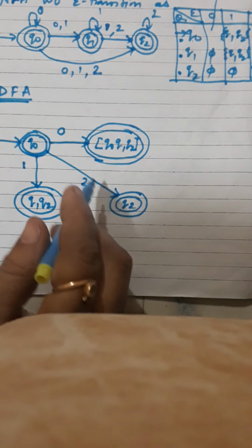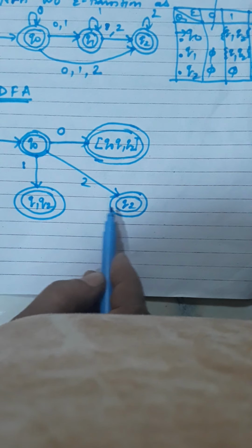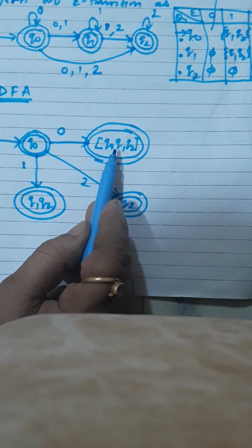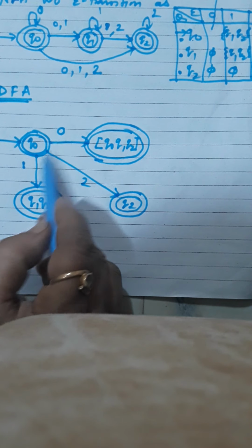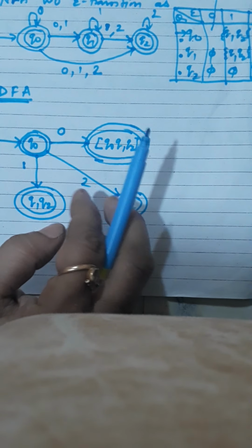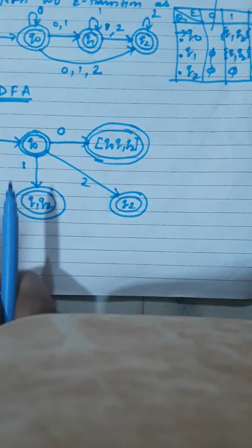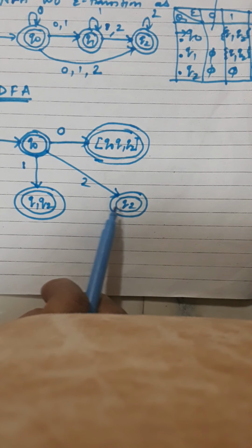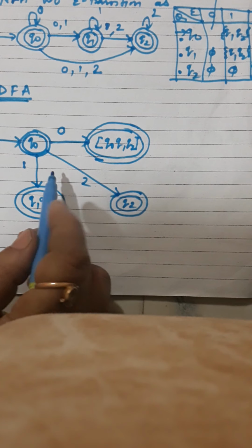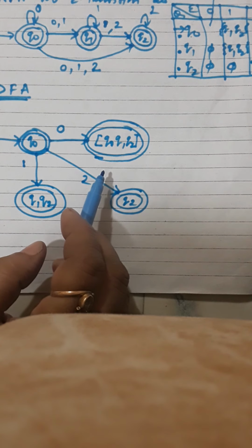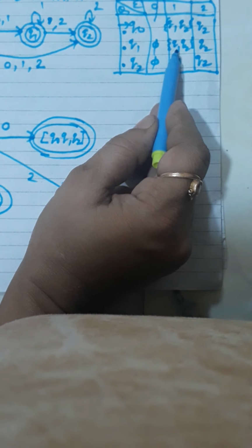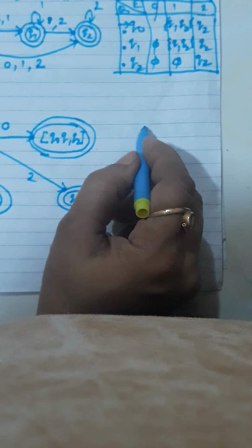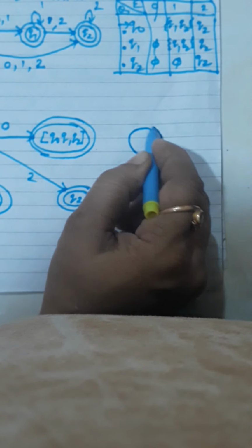Q0's turn is over. Q2 is already available, but Q1 is not there, so now we consider the next state. I make a state Q1, which is again a final state.